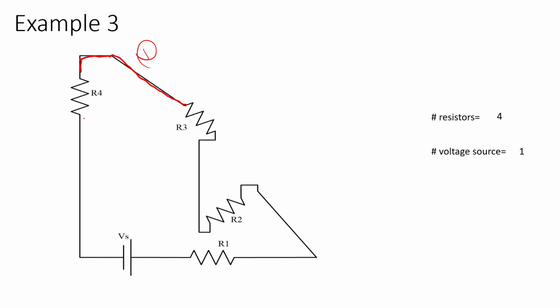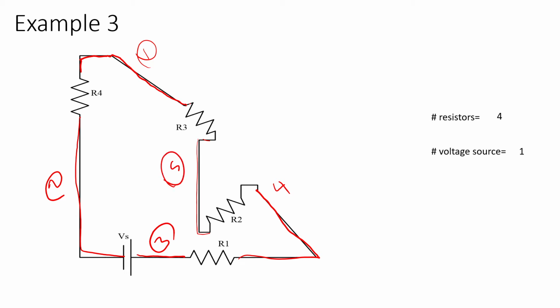The connector between R4 and VS is 2, VS and R1 is 3, R1 and R2 is 4, R2 and R3 is 5.